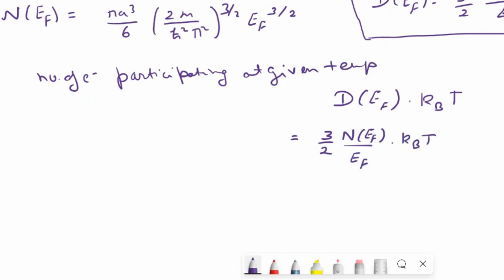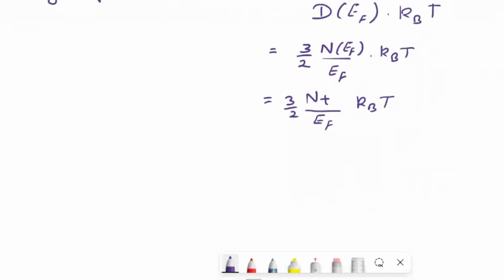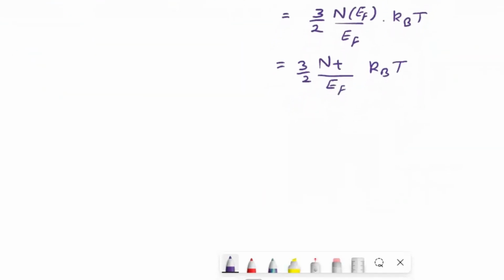Now, since only one electron can occupy one state, n of E_F is the total number of electrons that are there. So this can be rewritten as 3/2 N upon E_F kBT. Okay, so these are the number of electrons participating at a given temperature.